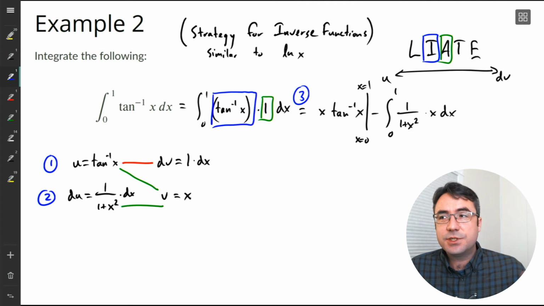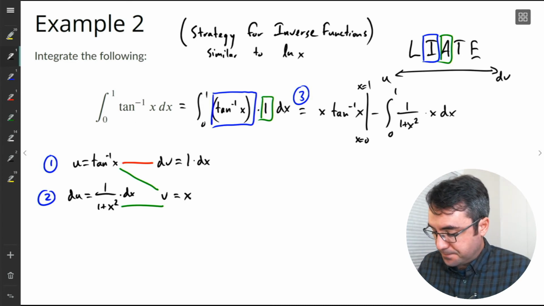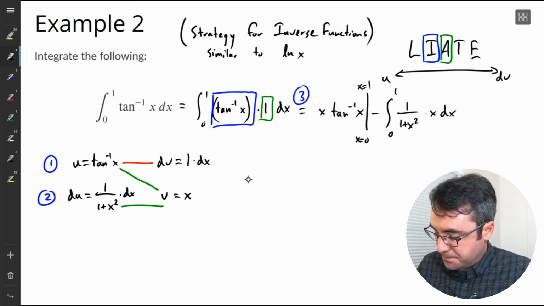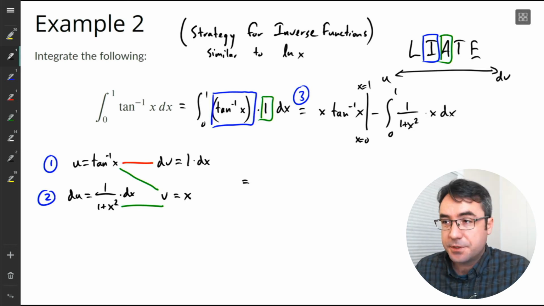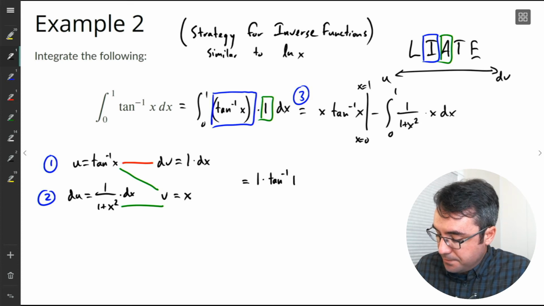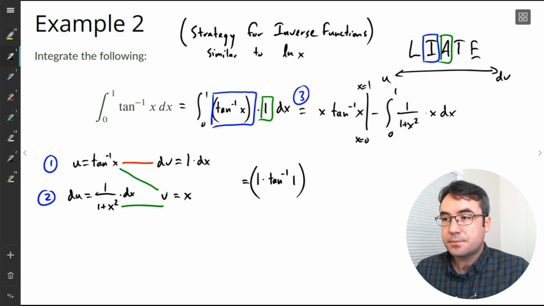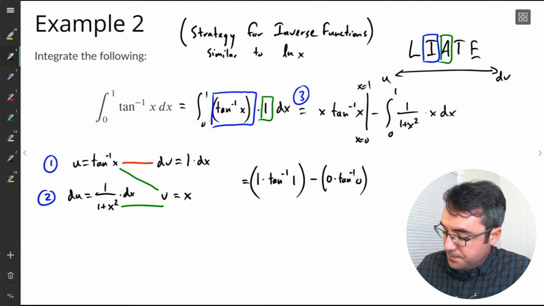Let's just go through and evaluate the u times v part. See what we get. So when I plug in the 1, plug the top number in first, we get 1 times inverse tan of 1. Then we plug in our 0, the lower number, so we get 0 times inverse tan of 0.